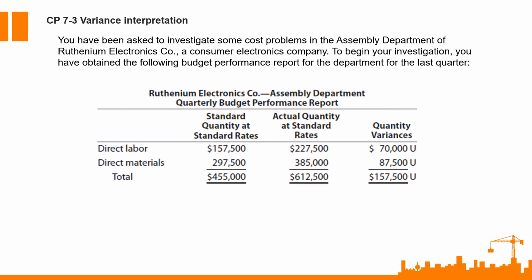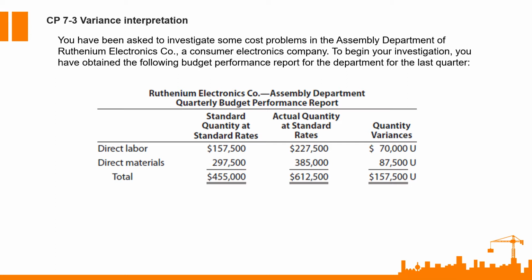Here's the problem. You have been asked to investigate some cost problems in the assembly department of Ruthenium Electronics Company, a consumer electronics company. To begin your investigation, you have obtained the following budget performance report for the department for the last quarter.